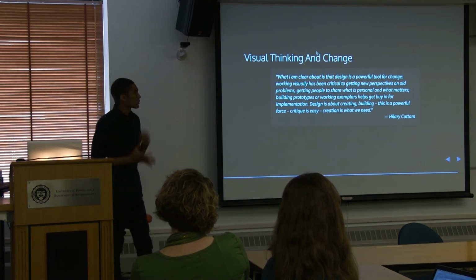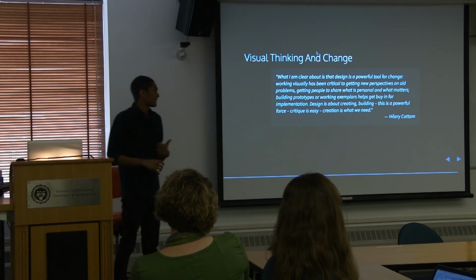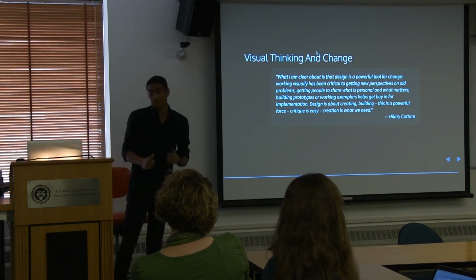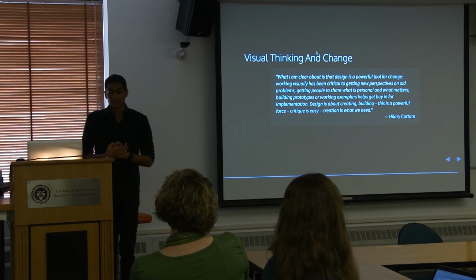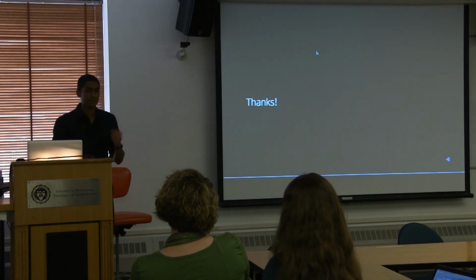Building these prototypes or working exemplars help get buy-in for implementation. Design is about creating, building. It's a powerful force. Critique is easy. Creation is what we need. And I think she'd also agree that we need it in the liberal arts as well. So that's all I have.